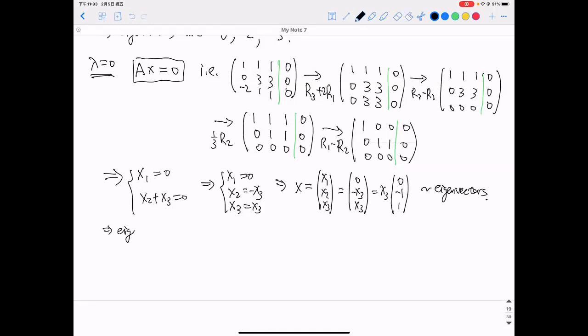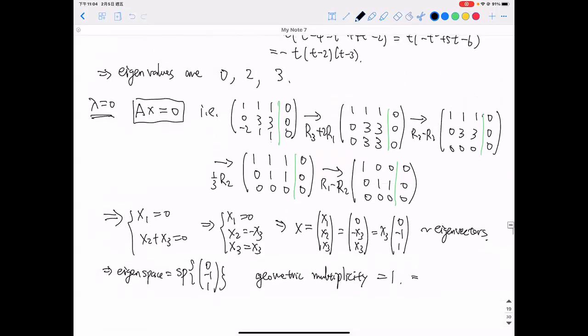So the eigenspace is the span of this vector 0, minus 1, 1, and the geometric multiplicity is 1 in this case, which is the same as the algebraic multiplicity for 0, right?